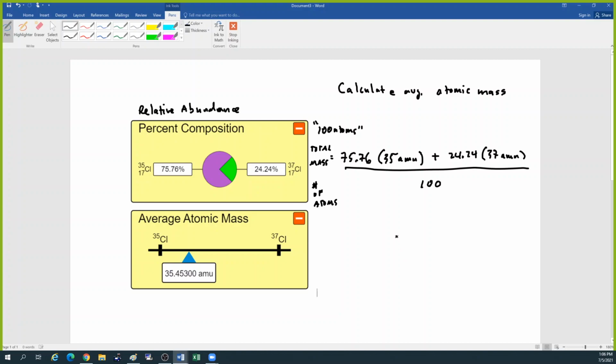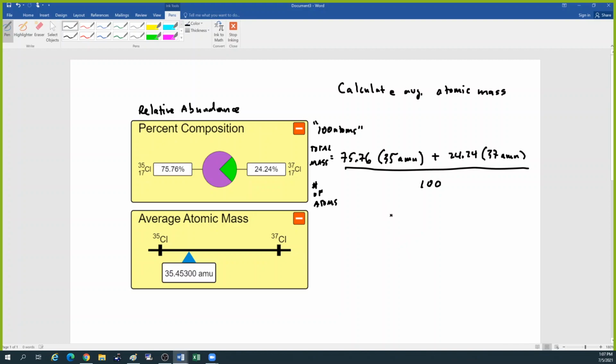And if you actually punch the numbers into a calculator, which I'm going to do, 75.76 times 35 plus 24.24 times 37, and divide that by 100, I get about 35.48.